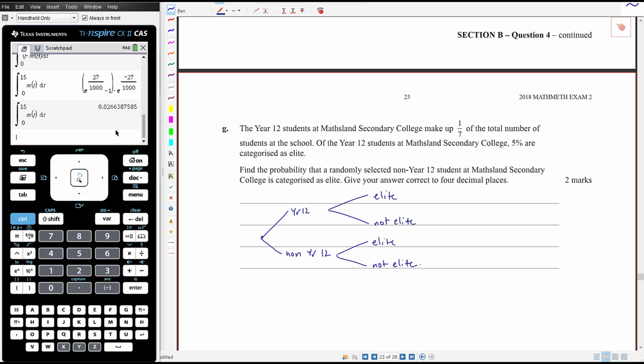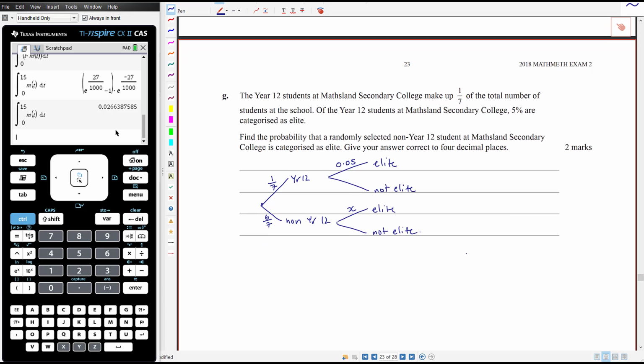Okay, so what do we know? Year 12 students at Mathsland Secondary College make up 1/7 of the total number of students, so we've got 1/7 there and therefore 6/7 here. Of the Year 12 students, 5% are elite, so 0.05. We want the probability that a non-Year 12 student is categorised as elite, so we want to work out this X value here.